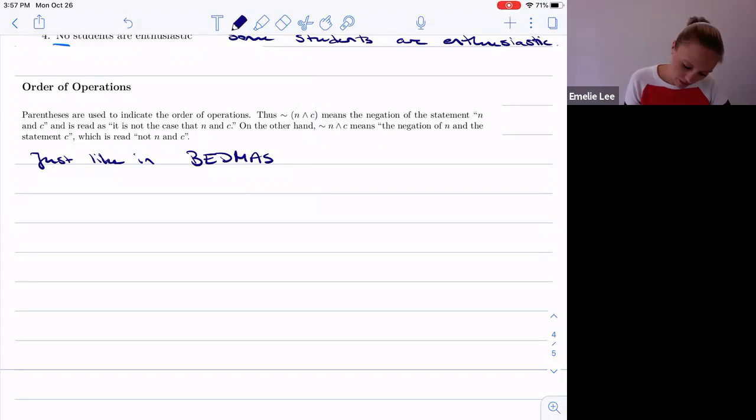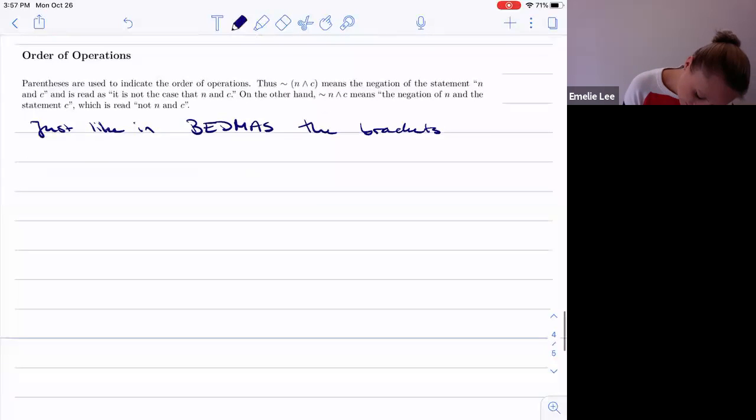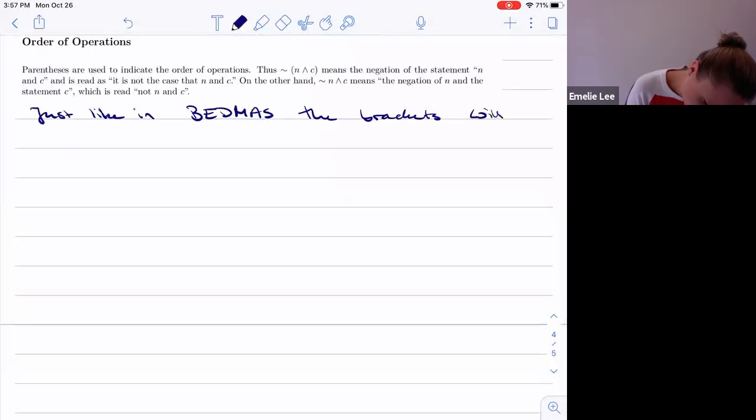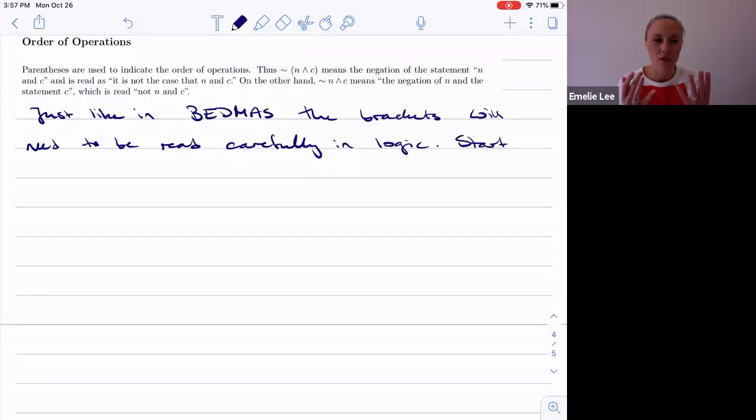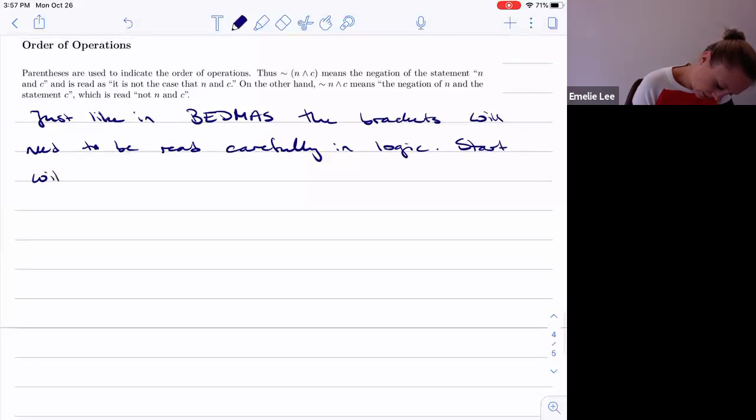So just like in BEDMAS, the brackets will need to be read carefully in logic, right? Start with the innermost brackets and then work your way out.